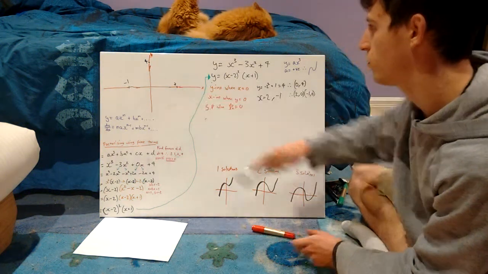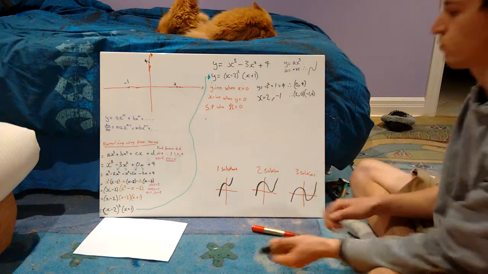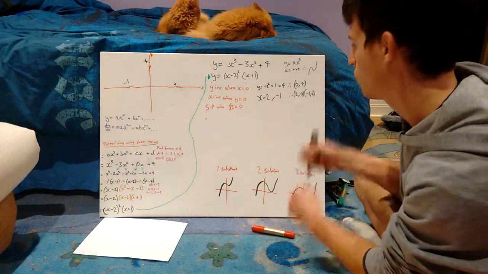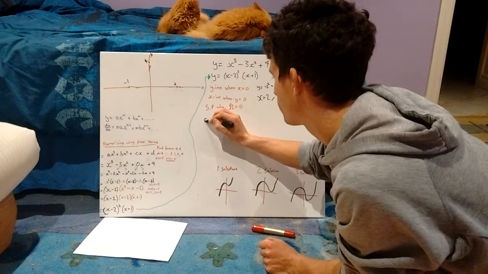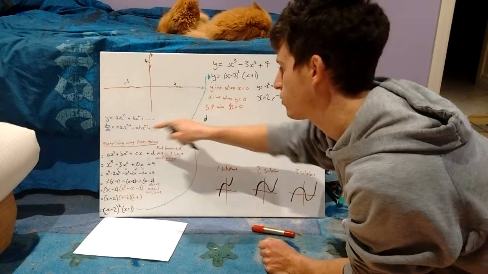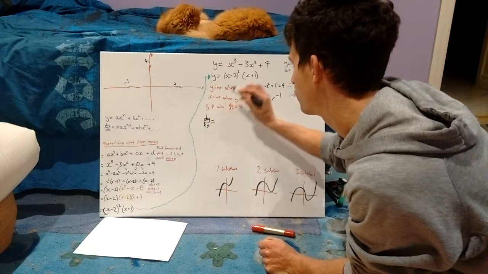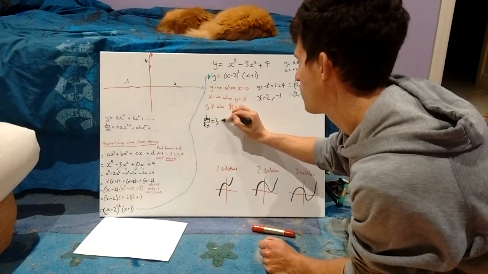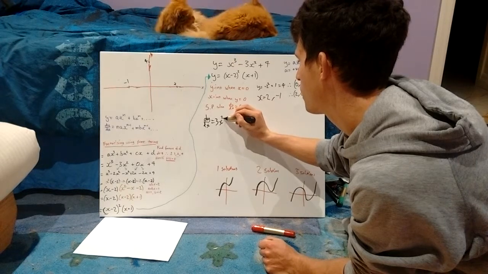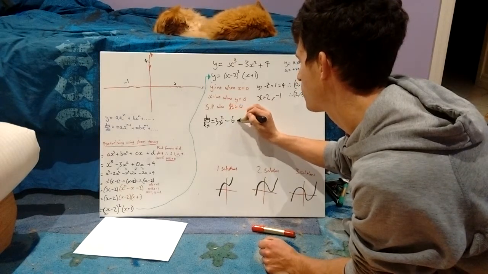it's going to be at negative 2, but we'll just do the derivative anyway. So the derivative of our function, based on our derivative rules, is dy/dx equals 3x squared minus 6x.